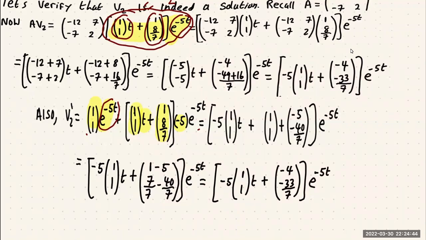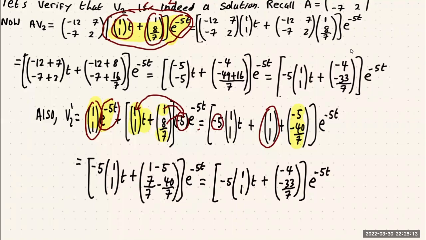So I went negative 5 times 1 and times the 8/7. That's how I got this, because negative 5 times 8 would be negative 40. And then this 1 here is right there. Then it'd be negative 5 times 1t, which I've just put the negative 5 here.